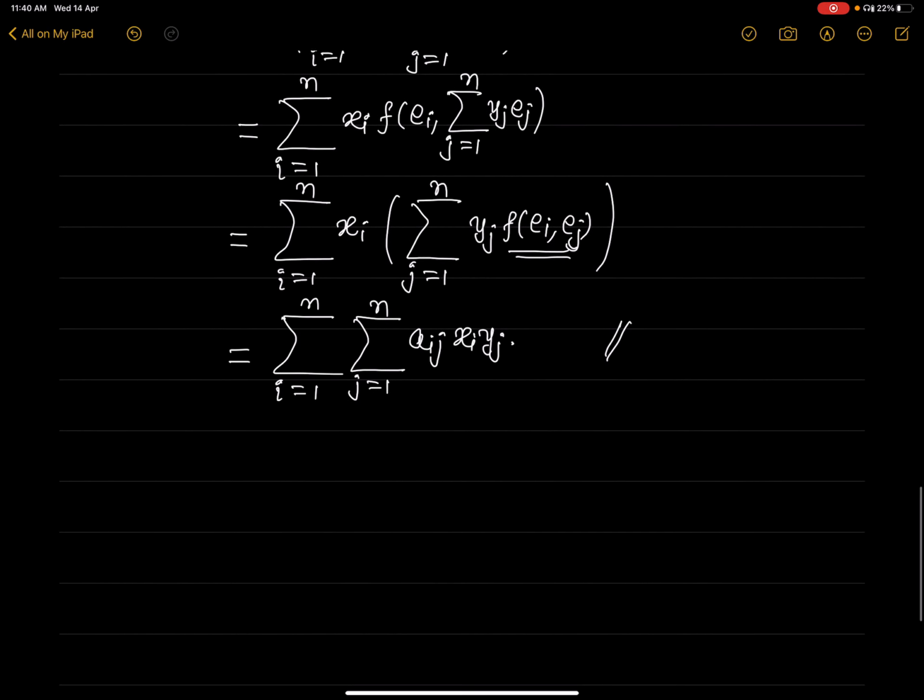So now we define what is meant by a quadratic form or quadratic map. Definition: let V be a real vector space.